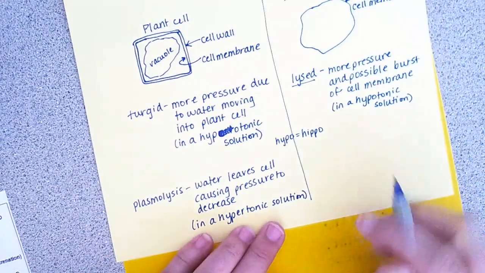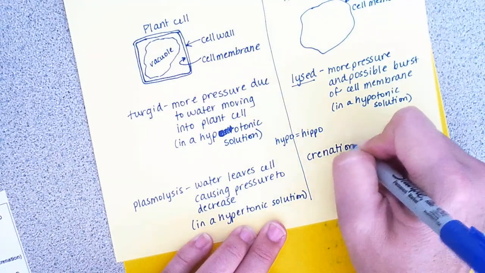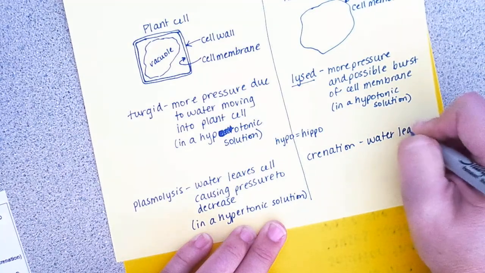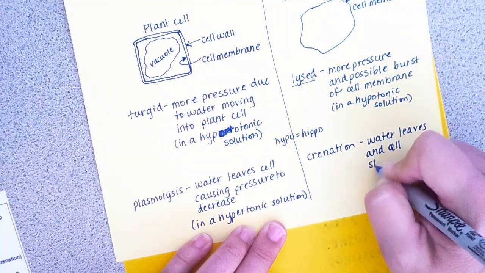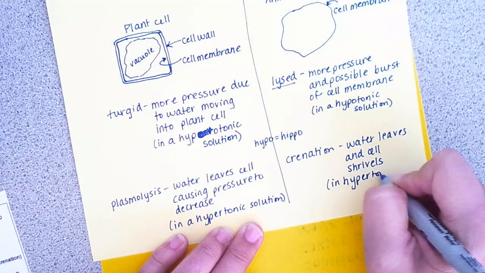And then if you remember, for an animal cell, we called that crenation. Water leaves and cell shrivels. And again, it is in a hypertonic solution.